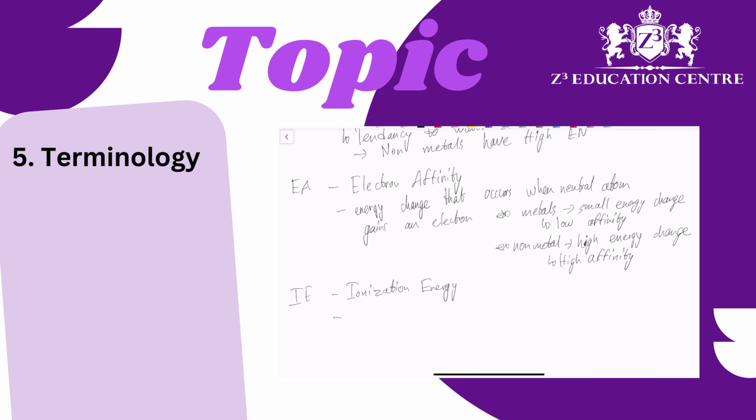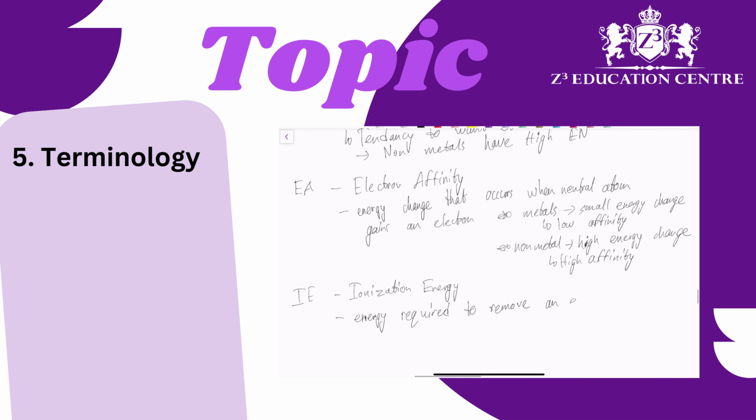So for ionization energy, the definition is it is the energy required to remove an electron from an atom.